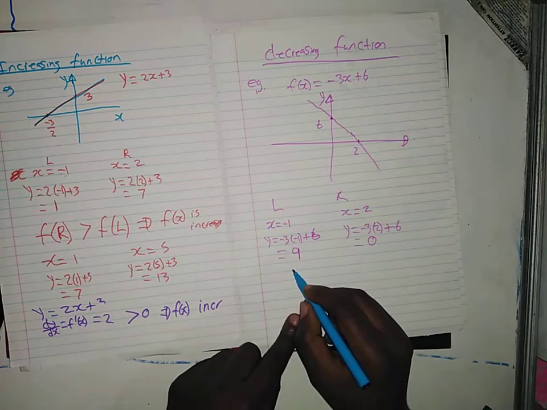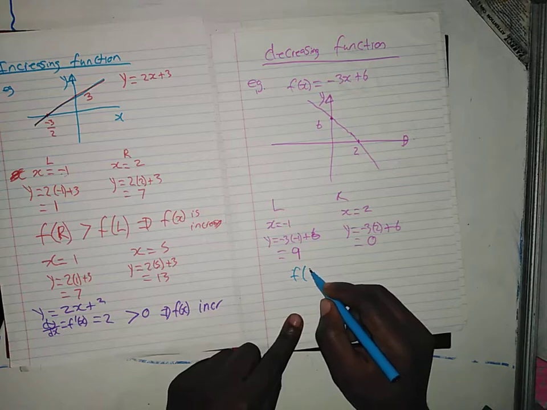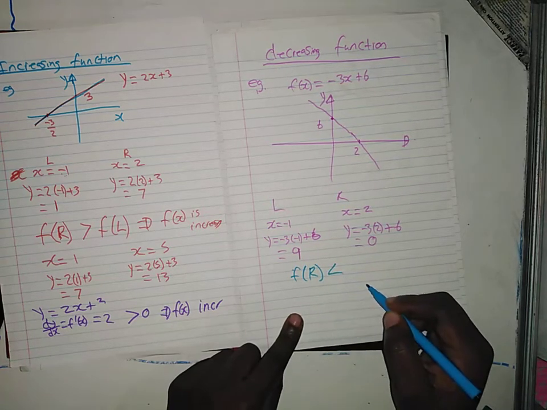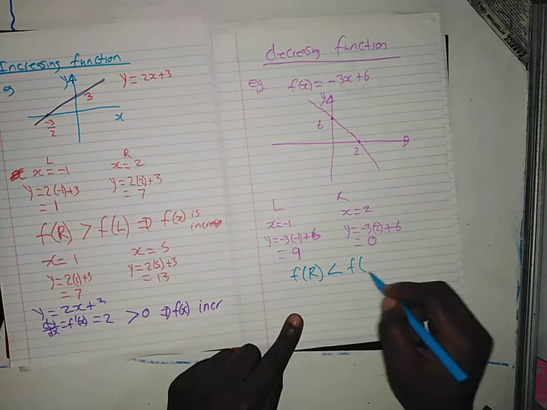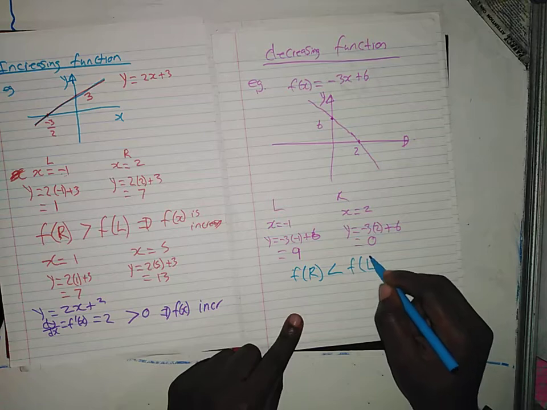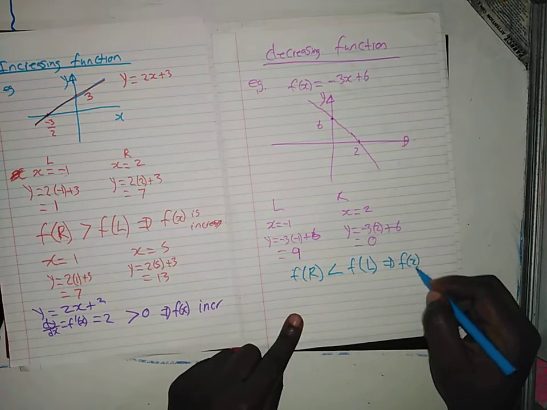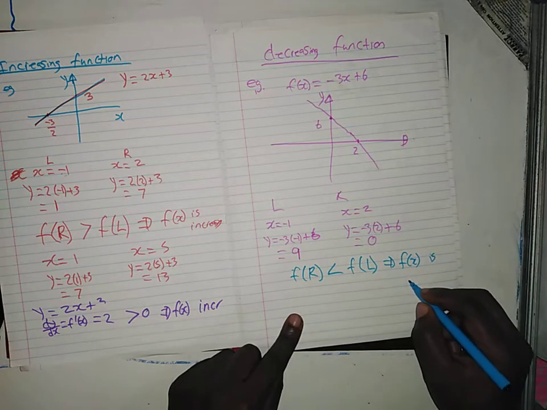That if you have evaluated this thing, if the f that you got from the right is smaller than what you got from the left, therefore, you know that f at x is what? Is decreasing.